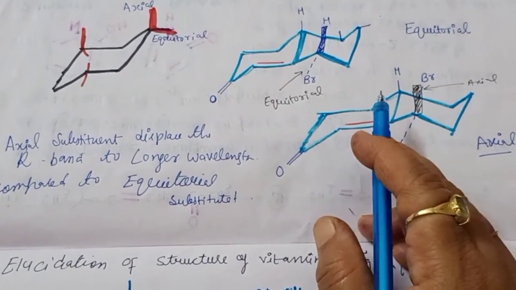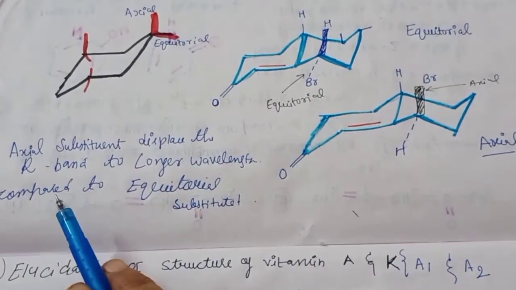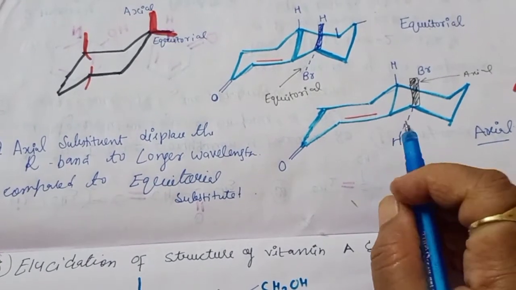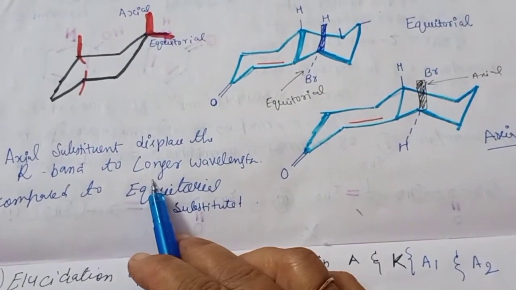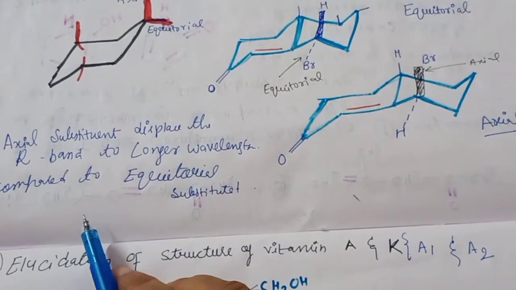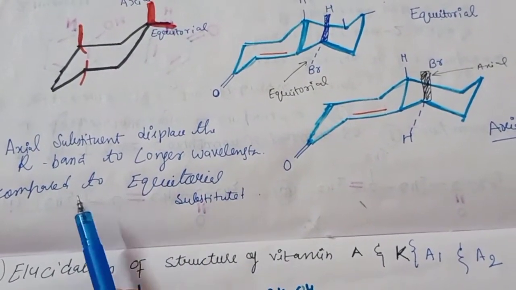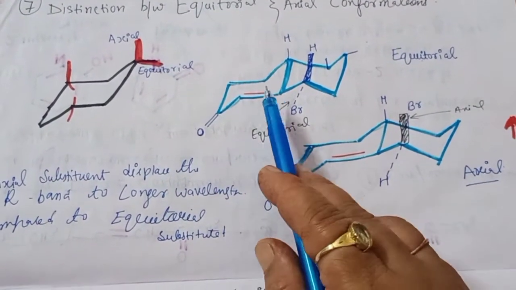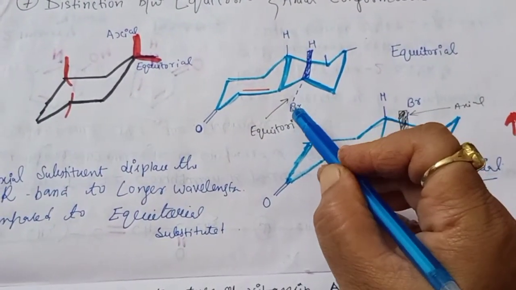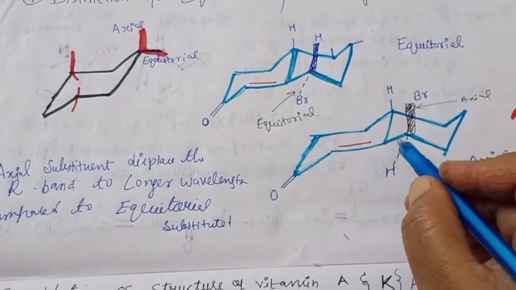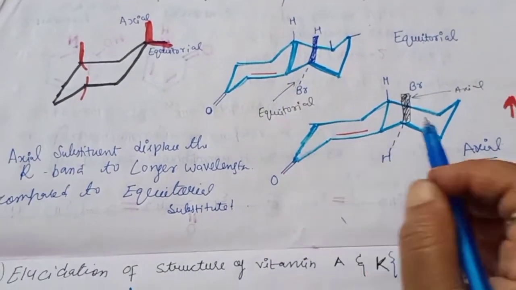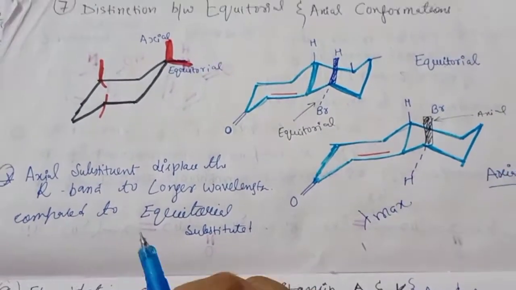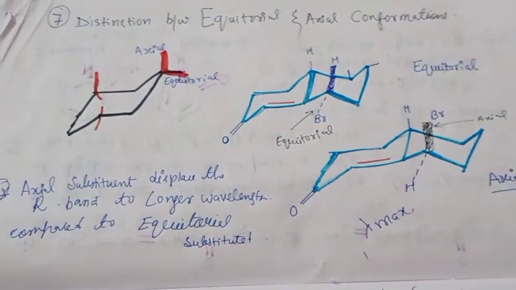How can we identify this? There are R type bands, which in the case of axial absorb at a higher wavelength, showing a large value for the UV absorption, as compared to equatorial. You just have to draw the structures nicely and both are the same. The difference is that in this one the bromine atom is equatorial and in this one the hydrogen is equatorial. So in the case of axial you will get a higher value for lambda max. So we can easily distinguish between the equatorial and axial conformations.